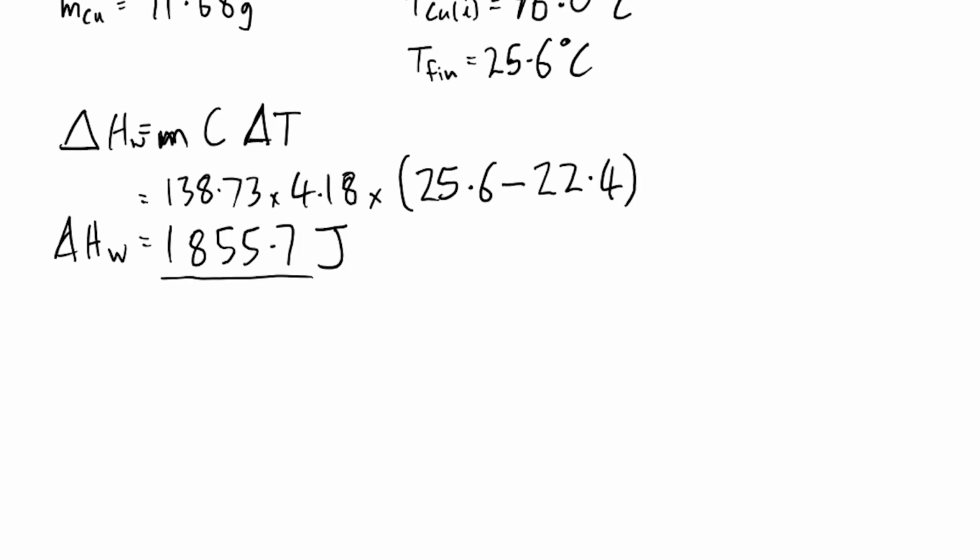So the key concept here is that the same amount of energy was lost by the metal. So there's no external source of energy. It's well insulated. So we didn't have a Bunsen under it, or we didn't have refrigerator coils or whatever. Okay, on a new page, just for neatness, we have delta H of water is equal to 1855.7 joules.